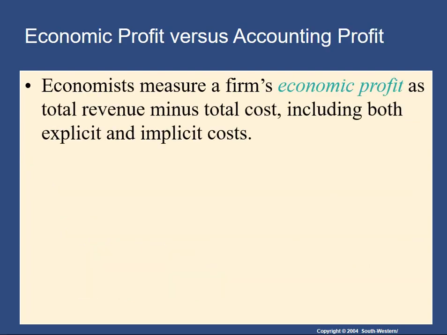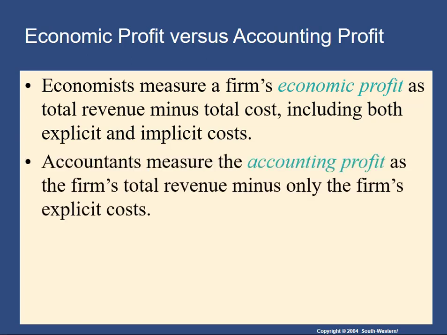So if you want to think about these a little bit more clearly, when we talk about profit, we're really going to focus on economic profit, which is the difference between the money the firm brings in minus its total opportunity costs, including both the explicit and implicit costs of the firm. Accountants, on the other hand, are only interested in tracking cash flows, so they ignore the implicit costs.